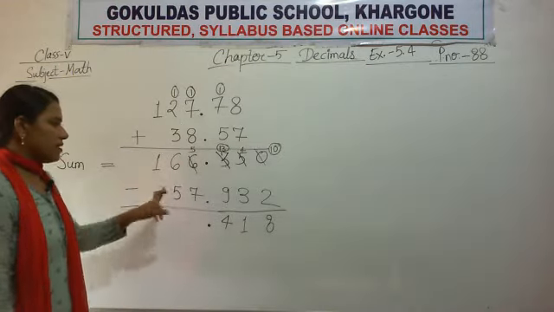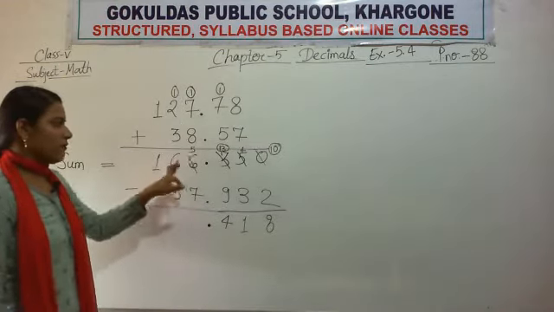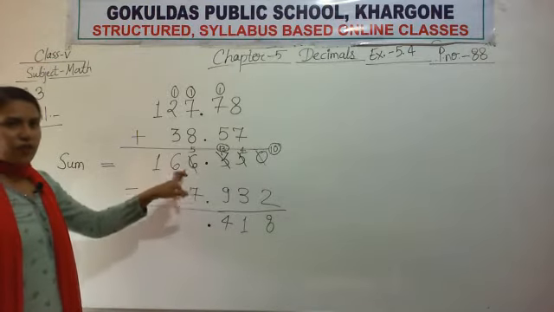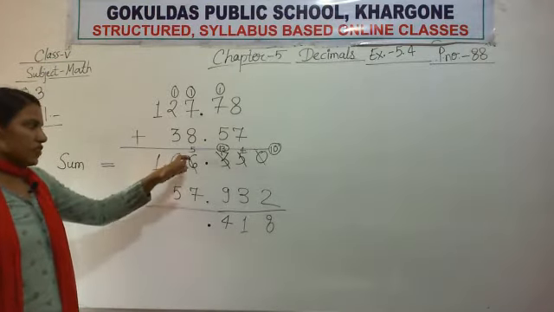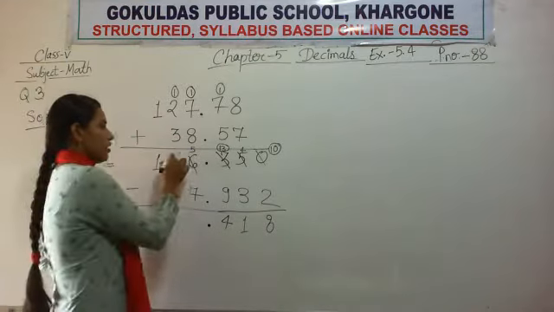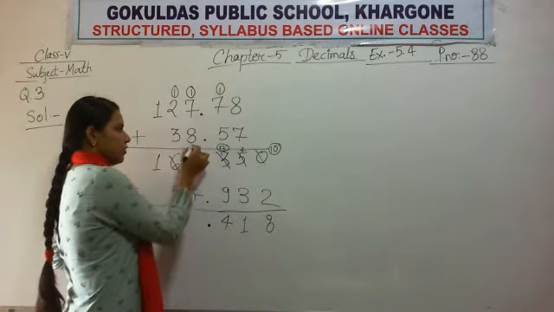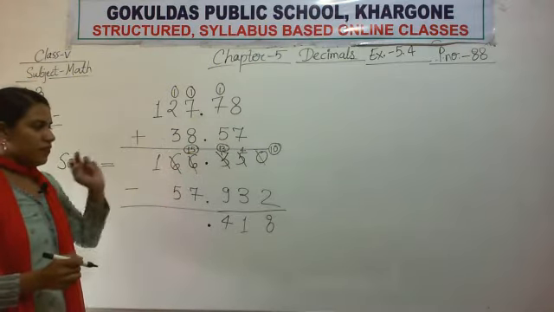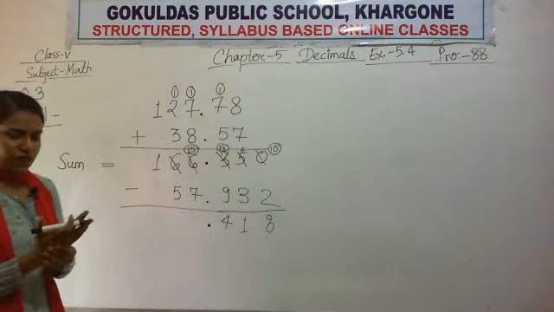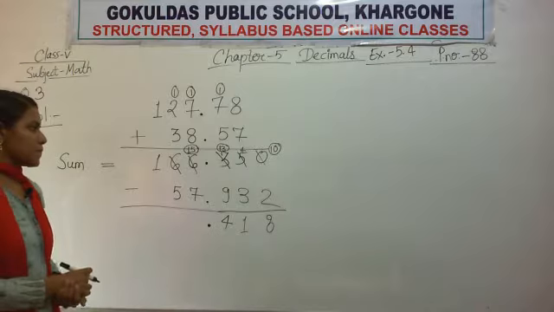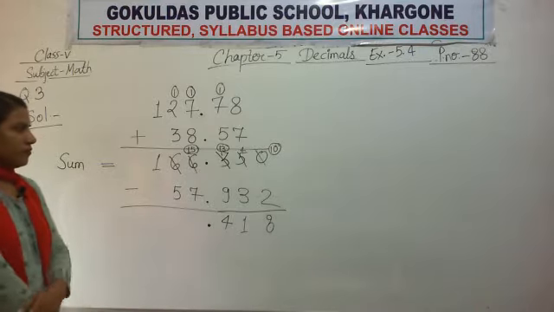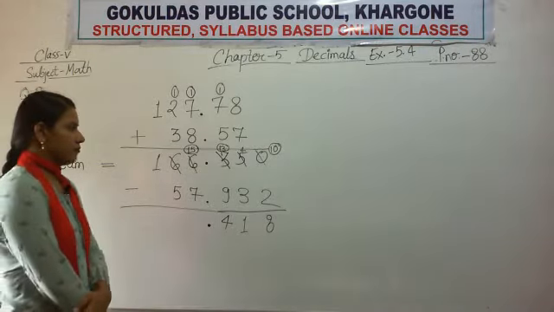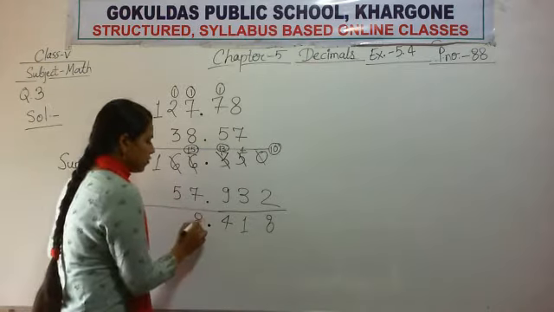Now 5 minus 7 in the ones column. Again not possible. We cannot subtract a larger number from a smaller one. So we need to take a borrow. It becomes 15. 15 minus 7 is 8.